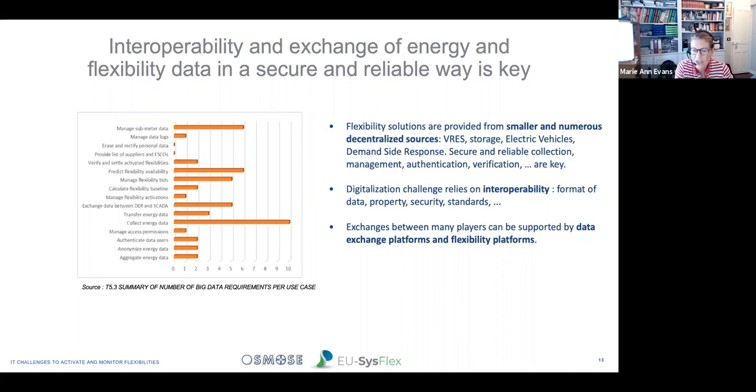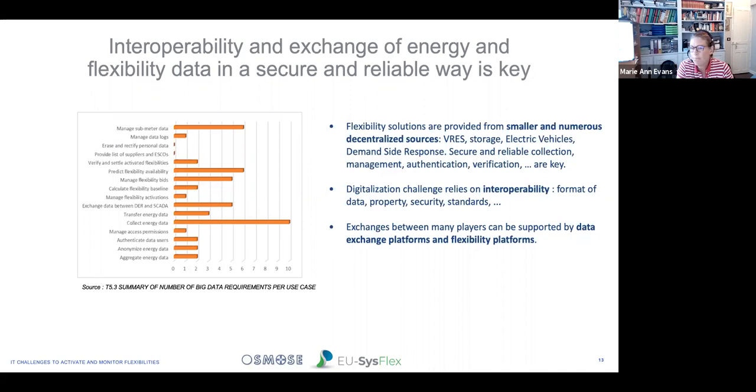So the digitalization challenge relies also on interoperability, the fact that we're capable of interfacing various systems, work especially on formatting of the data and standards to be used in order to interface the systems in a correct way, and exchanges between players.